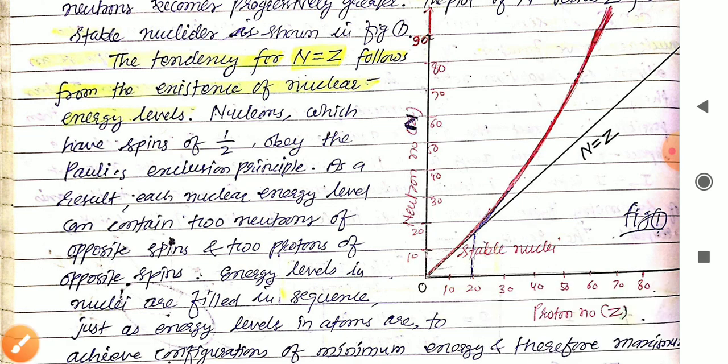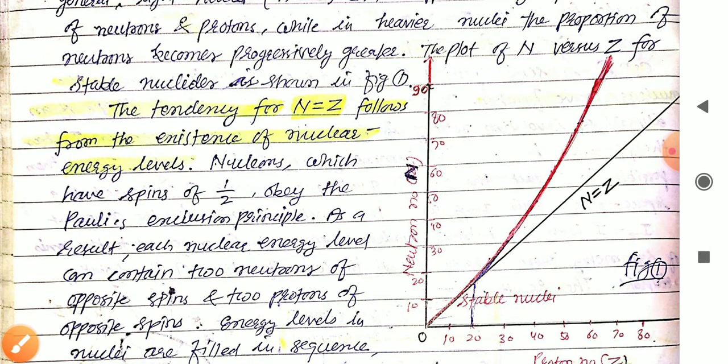So the tendency of deviation shows that as we move from lighter nuclei to heavier nuclei, the nucleus becomes less stable, and this less stability of the nucleus is due to unpaired neutrons and protons.